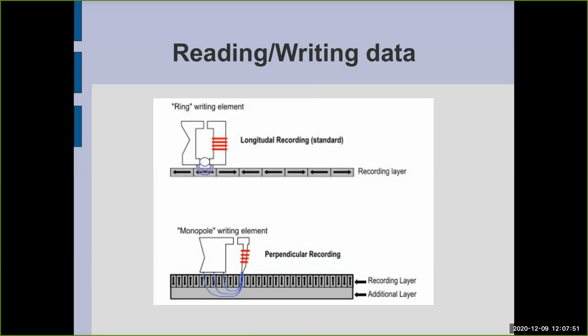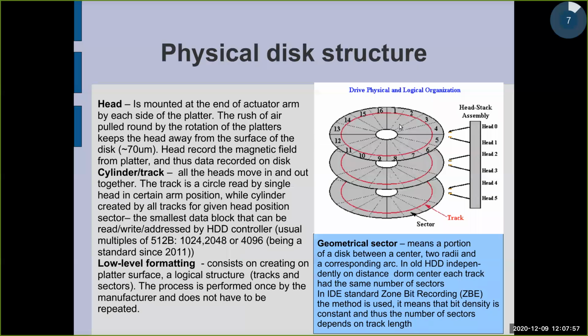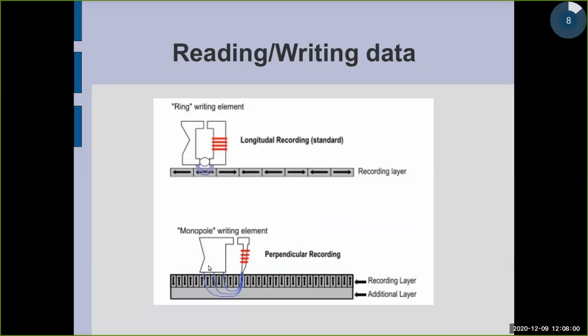So how do hard drives read and write data? On the platter, there is a specific material which is magnetic sensitive, and if you want to write 0 or 1, the head will switch domains.